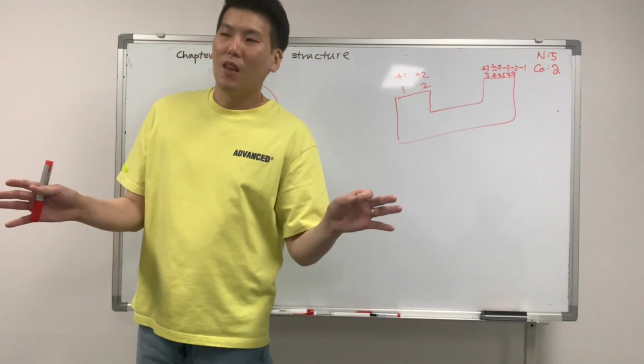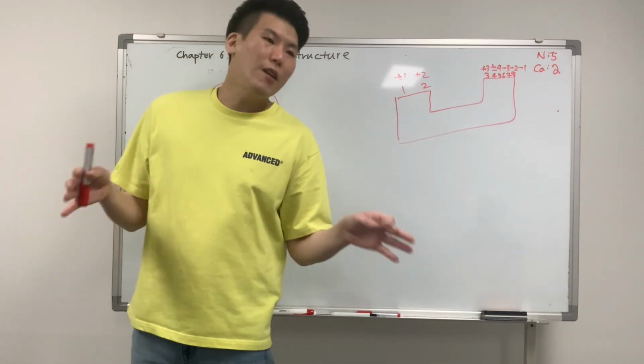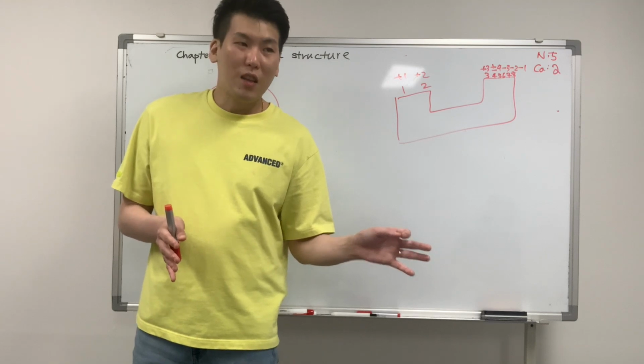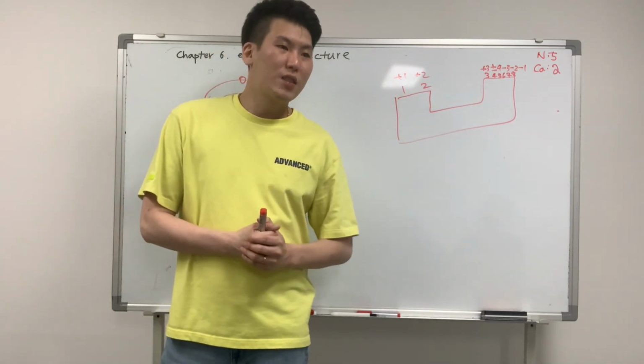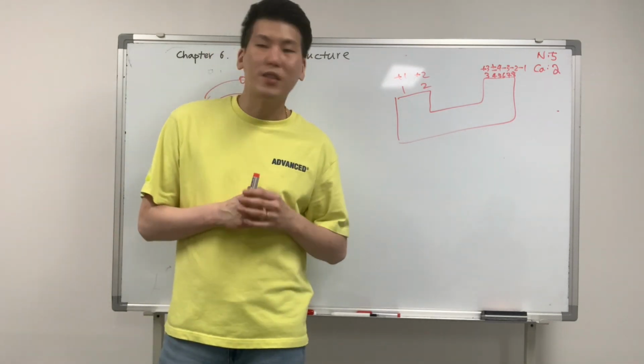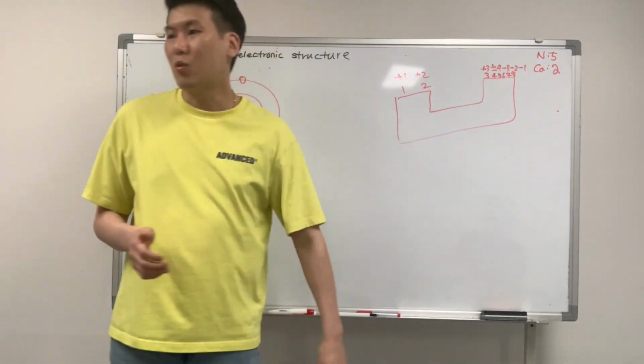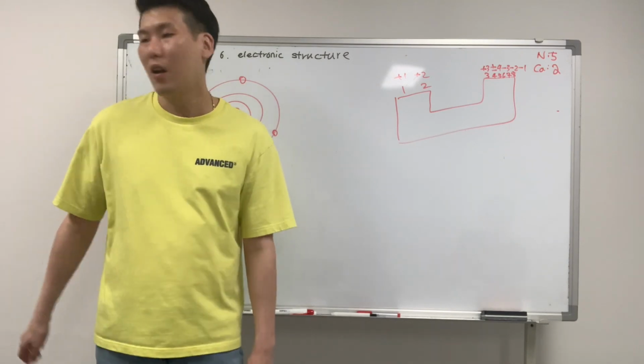Their dream throughout their life is to have 8 valence electrons. That's the most stable form. It has to do with stability. So noble gases have 8, and that's why they're called noble gas, right?